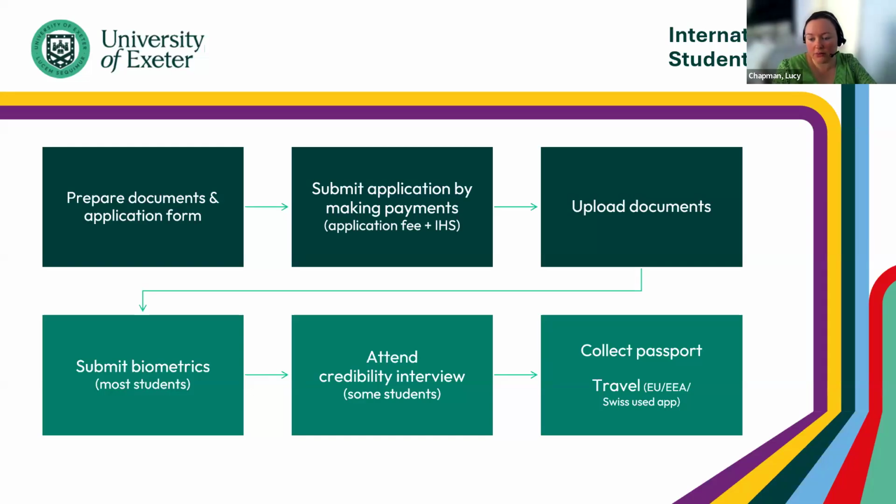For all students applying for a student visa, it's really important that you read the instructions you're sent at each stage, because you will receive slightly different instructions depending on where you are living and your nationality. Okay, we're going to look at each of these sections in even more detail.